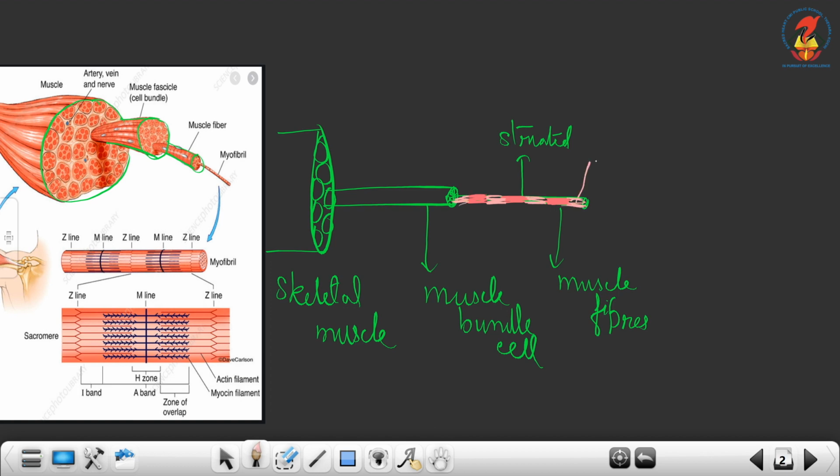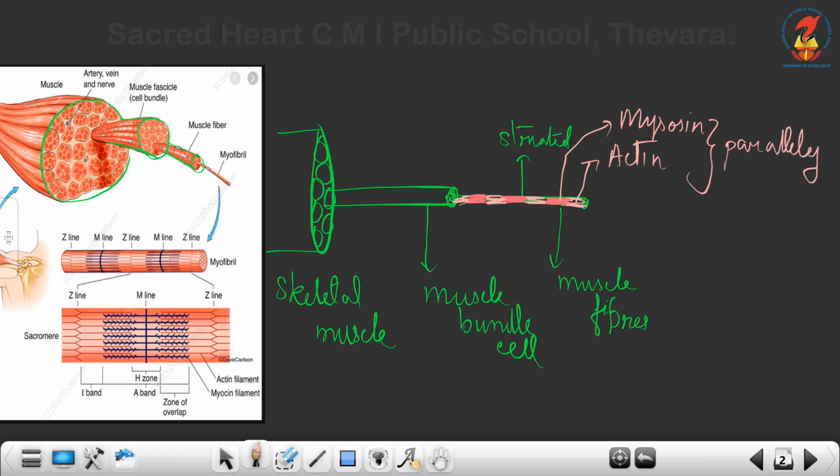The thin filaments are called actin filaments, and the thick filaments are called myosin filaments. These filaments are arranged parallelly, alternatively, side by side, with the edges overlapping.